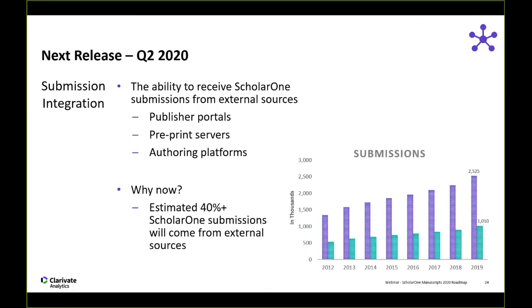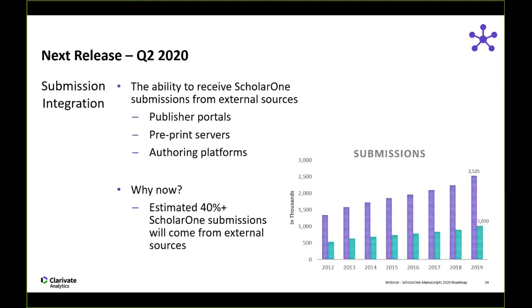So you may ask, why is ScholarOne doing this now? As Josh mentioned earlier, we're currently on pace to receive 2.5 million submissions this year, probably more next year. And we estimate a world in the not too distant future, potentially next year or the year after, where 40% of those 2.5 million submissions are coming through some sort of external service before they get to ScholarOne.